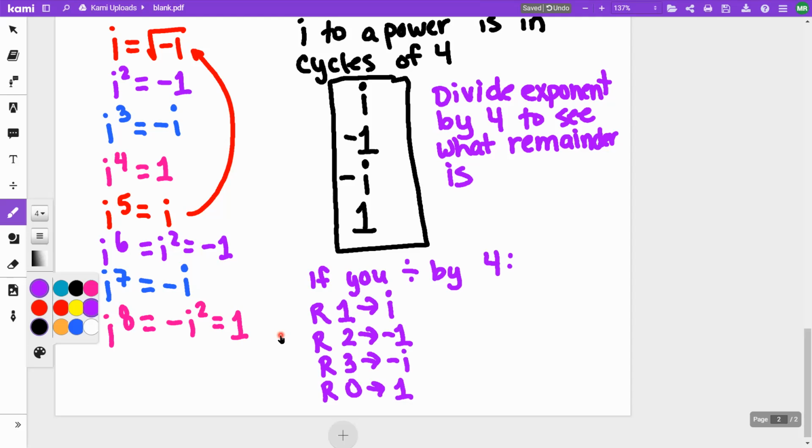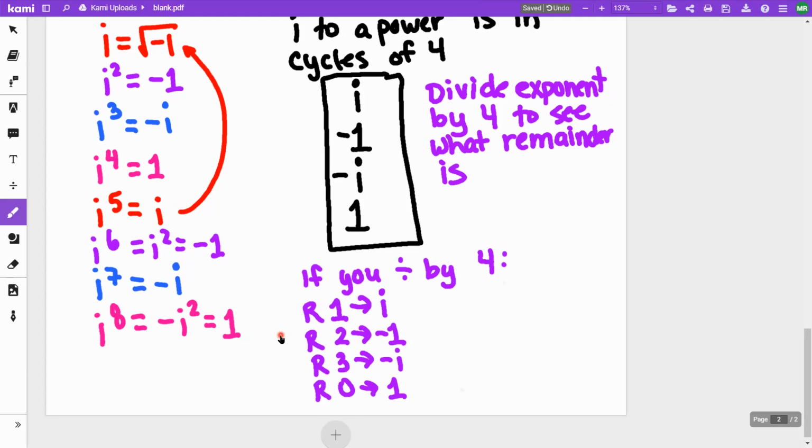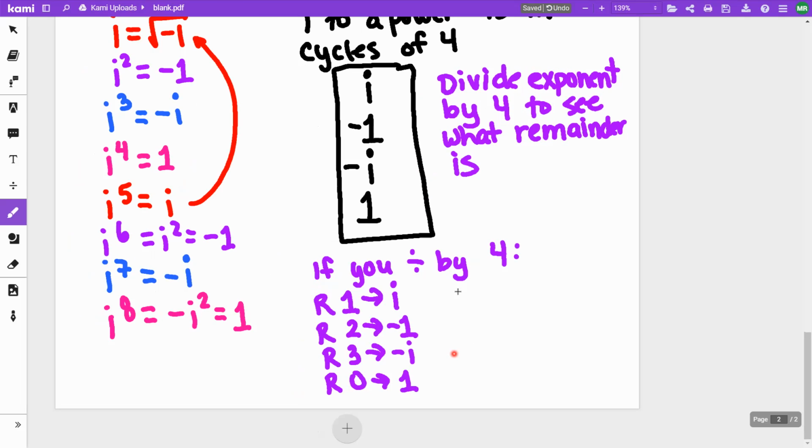If you're doing this with a calculator, and instead of doing long division and finding your remainder, you do the following. If it's a remainder of 1, you would have ended up with some decimal with a 0.25. 25 is 1 out of 4, remainder of 1 out of 4. So that would have been your i.